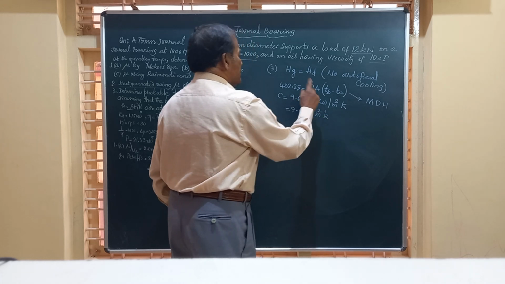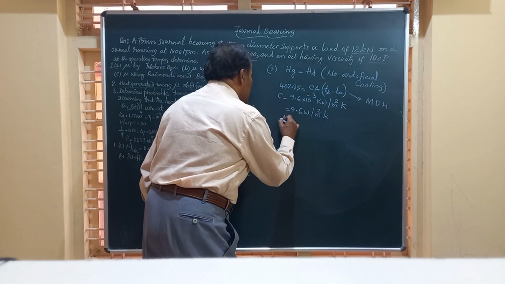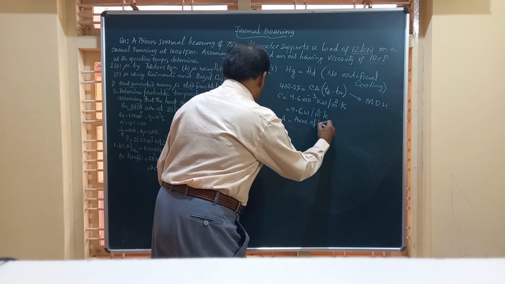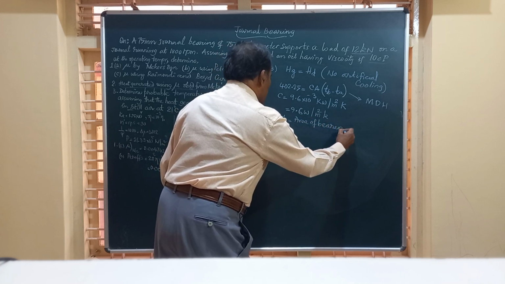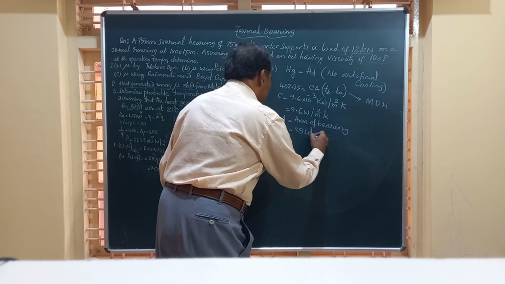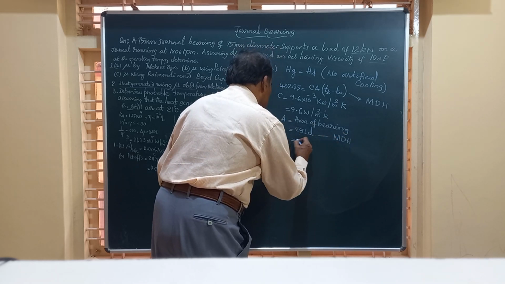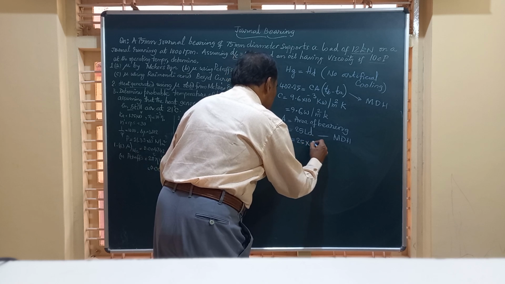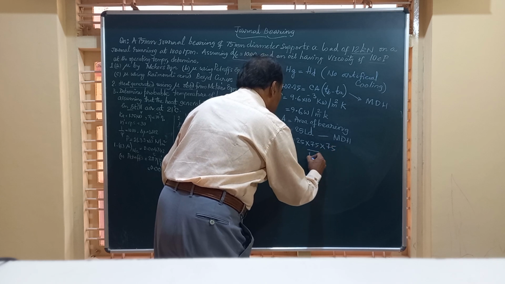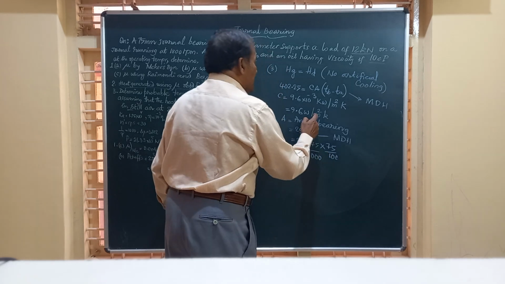This is the value of C to be substituted in the formula, and capital A is the area of bearing. That's given as 25 times LD or DL, again given in the machine design handbook. So this is 25 times, length is 75, diameter is 75, converted to meter by dividing by 1000. So you will have the value of A.